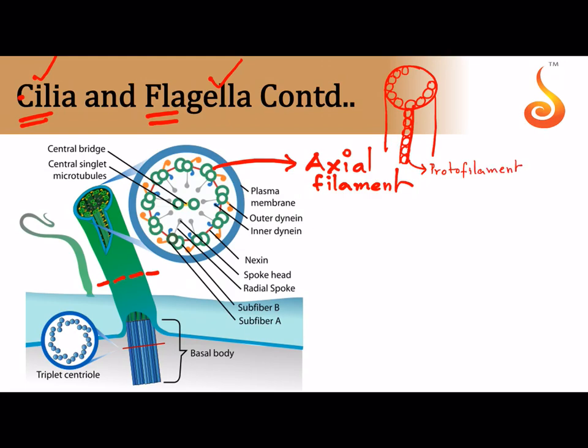And a microtubule is composed of how many protofilaments? 13 such protofilaments. It is mostly 25 nanometer in diameter, and the hollow core is mostly about 15 nanometer in diameter. If you look at a protofilament, it will have alternating alpha tubulin, beta tubulin, alpha tubulin, beta tubulin.